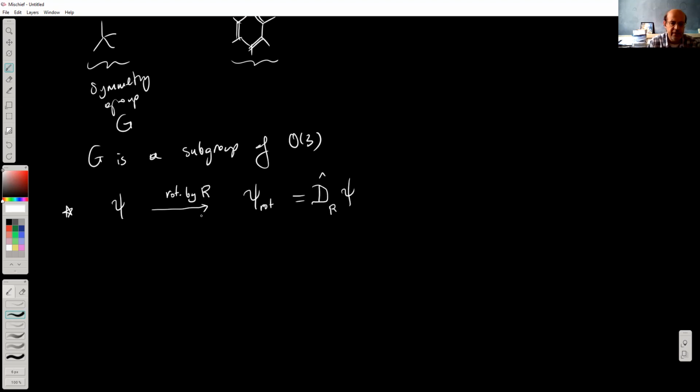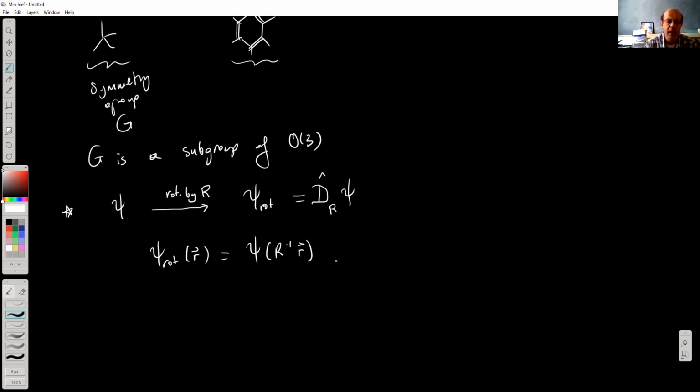When I'm describing this, I use some kind of contour plot. And then I said that this rotated wave function can be expressed in terms of the other wave function by this expression.